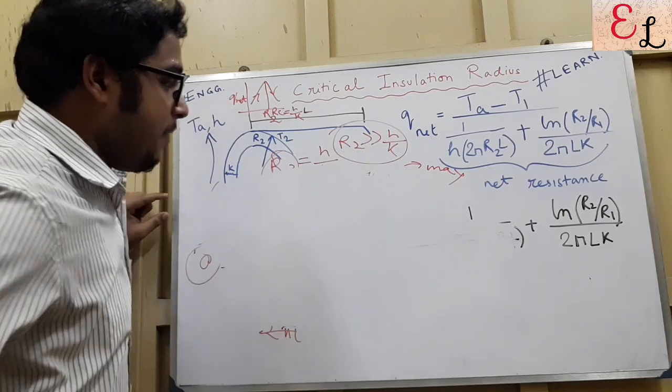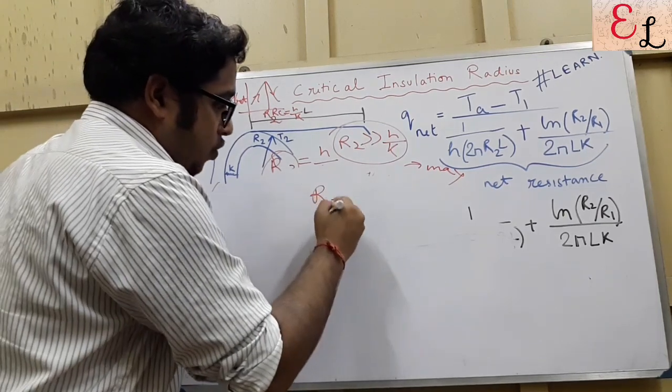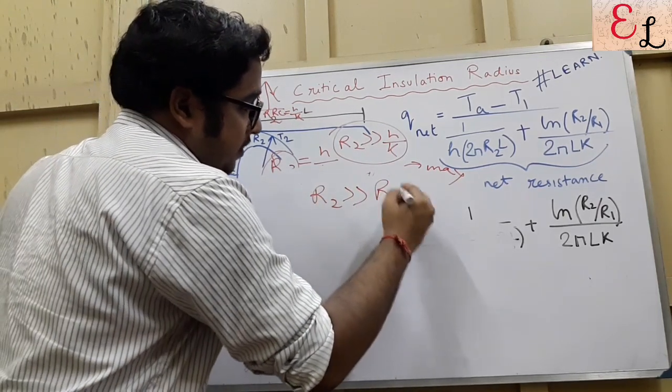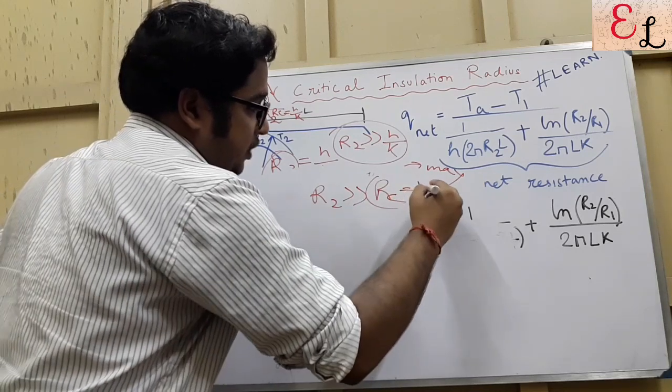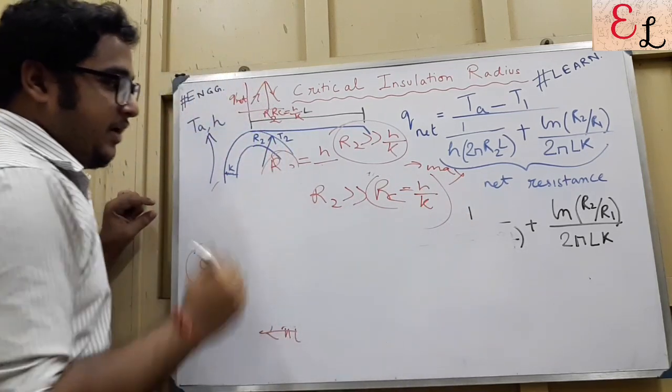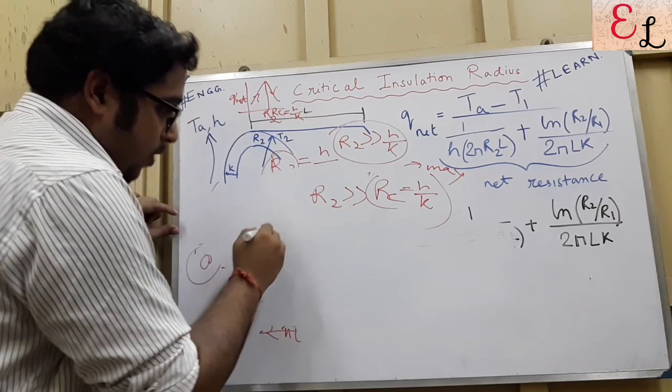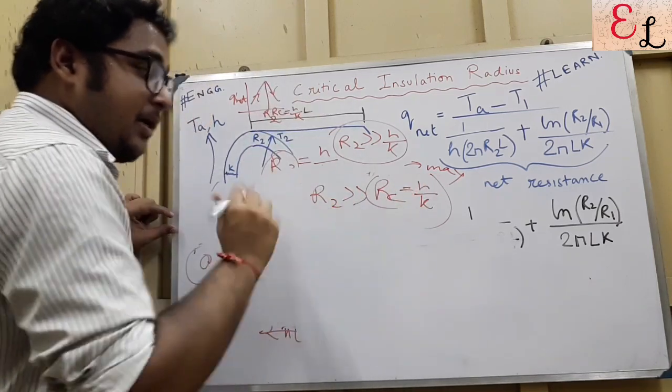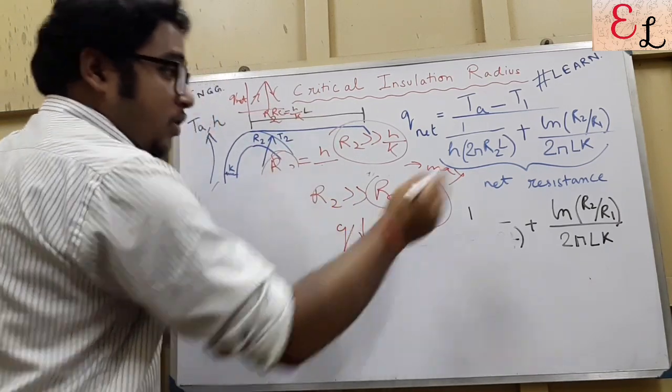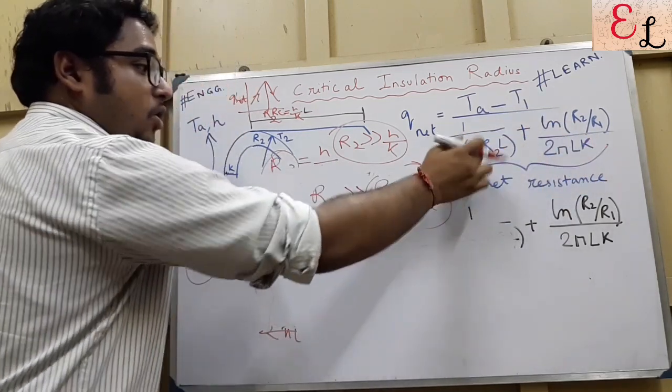So you need to keep R2 much greater than RC, which equals H by K, as we have already derived, so that with the increase of R2 further, Q decreases, because this becomes the dominating factor and not this.